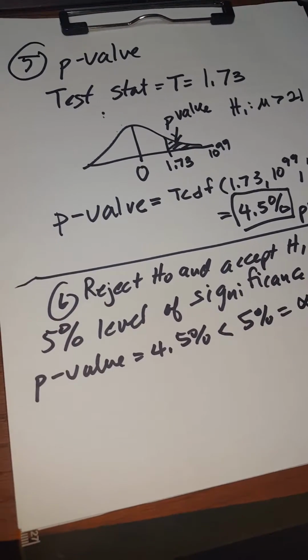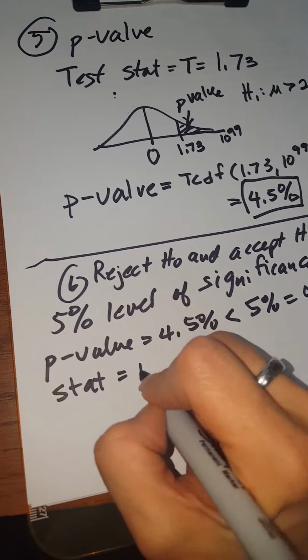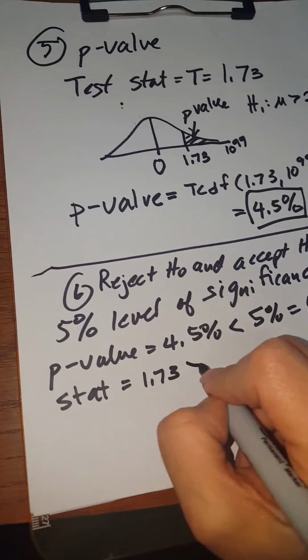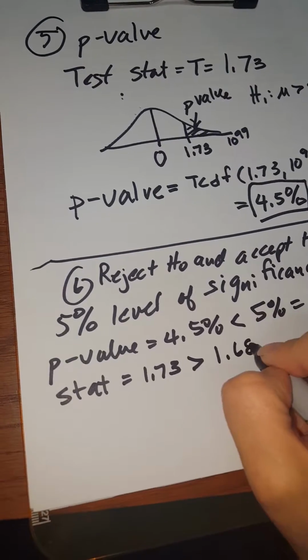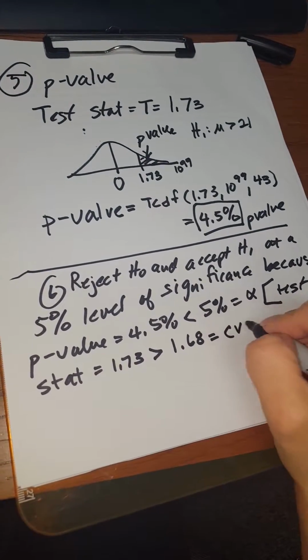Alternatively, we could have talked about how our test statistic, which was 1.73, was greater than 1.68, which is our critical value.